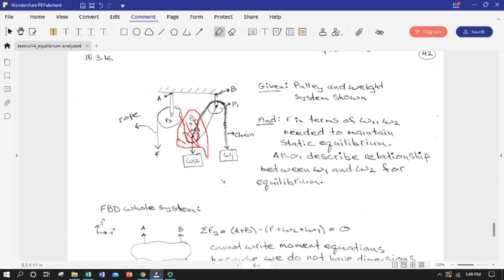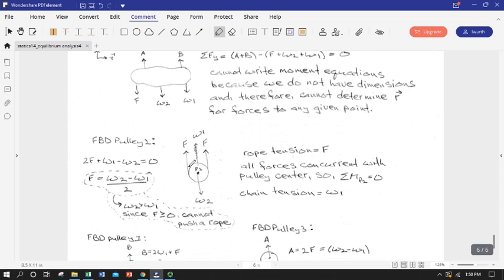We've got the chain once, and we have weight coming down. Okay, so we know that the tension in our continuous rope, there's no friction in this system, so the tension in the rope is the same everywhere. So we have the rope force once, twice, and then we have the chain once, whatever that is. And then we have weight 2 connected with it.